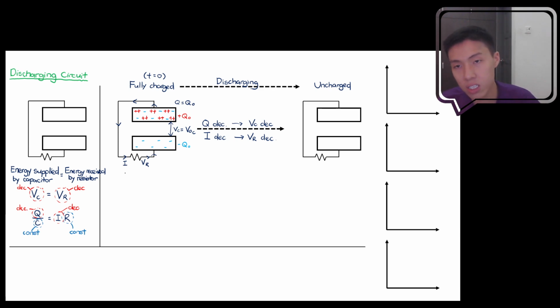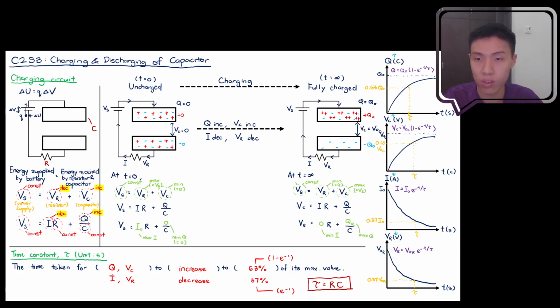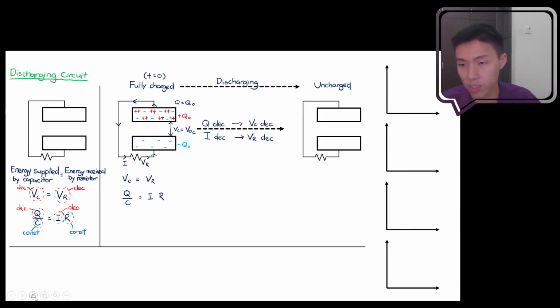Okay, so this is the same as what we discussed just now. We know that VC is equal to VR. Again, we expand. This is just Q over C. This is just equal to IR. Okay, so what happened? We know that Q initially is fully charged, right? So because initially it is fully charged, we should expect that this charge is maximum right now.